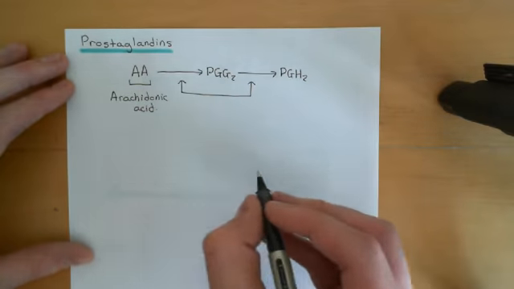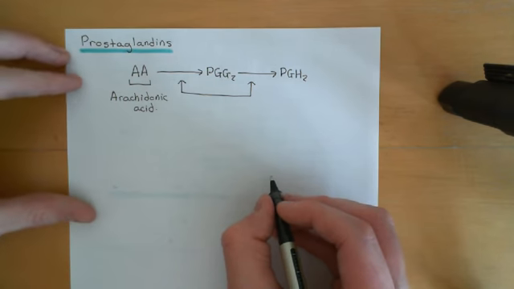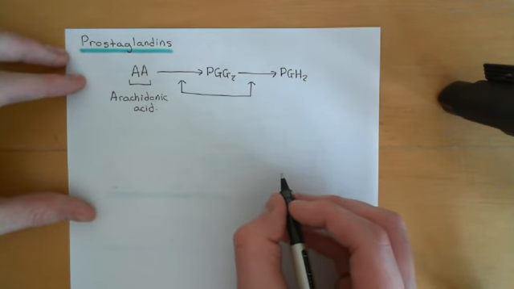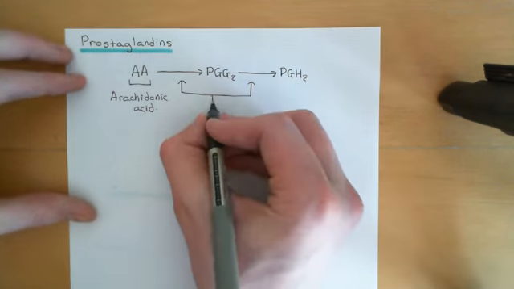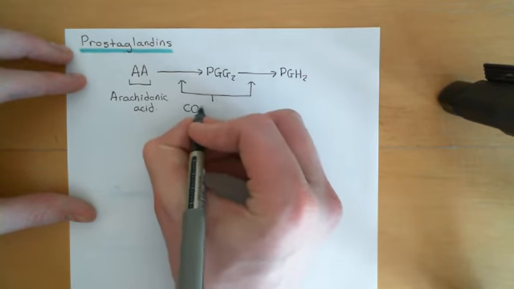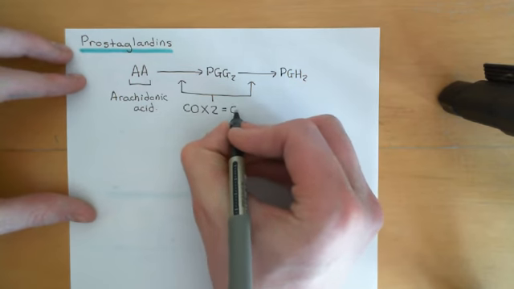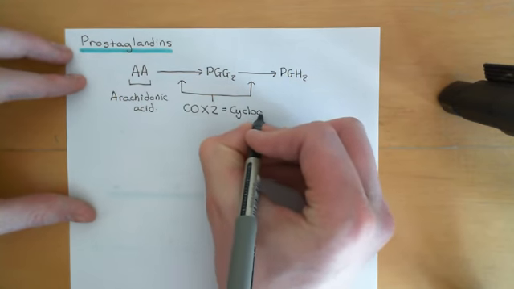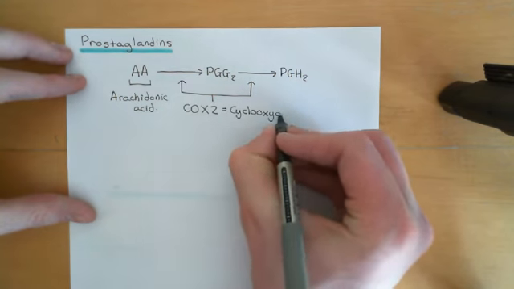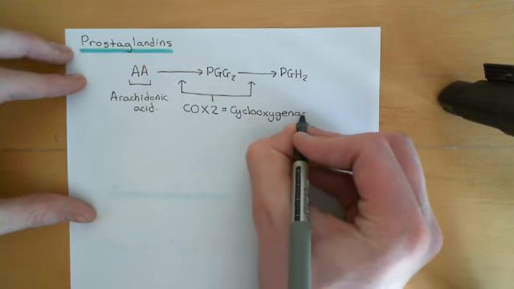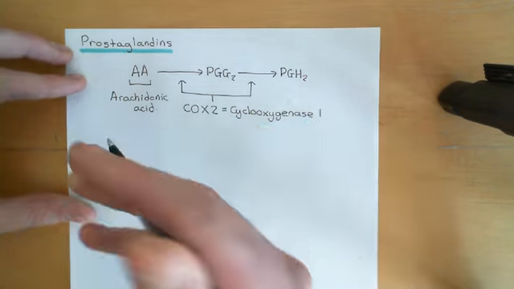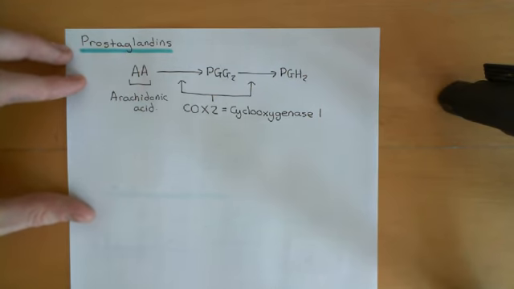Now, in inflamed tissues, there is a certain form of cyclooxygenase that is upregulated hugely, which is called cyclooxygenase 2, or COX-2 for short. So there are two main forms of cyclooxygenase, cyclooxygenase 1 and cyclooxygenase 2. Cyclooxygenase 1 is expressed in many tissues of the body, and it's endogenously expressed.